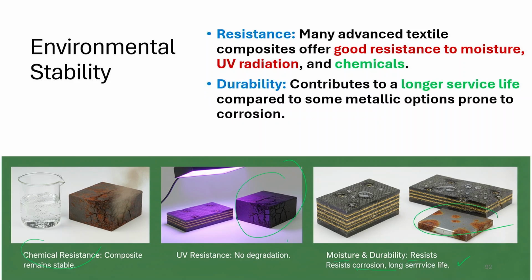As these are chemically resistant, UV resistant, moisture resistant, it will automatically have durability, and all this resistance will contribute to a long service life compared to metallic options which are prone to corrosion and environmental impacts like rusting.